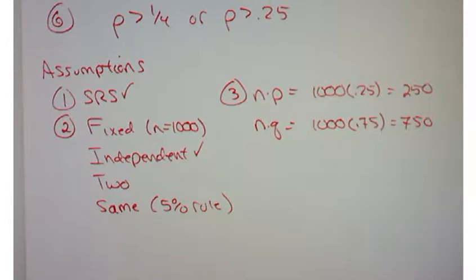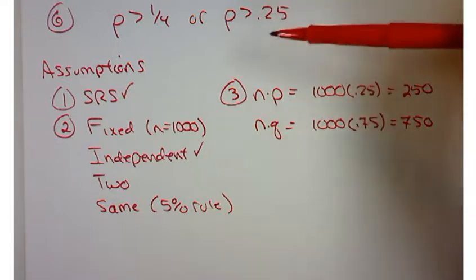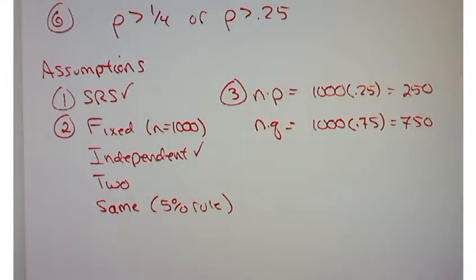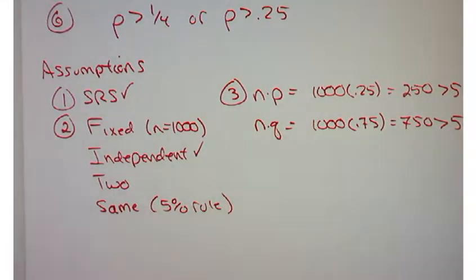So the number of expected successes and failures based on whether or not we think that the eventual null hypothesis is going to be true are both greater than 5. So we're okay there.